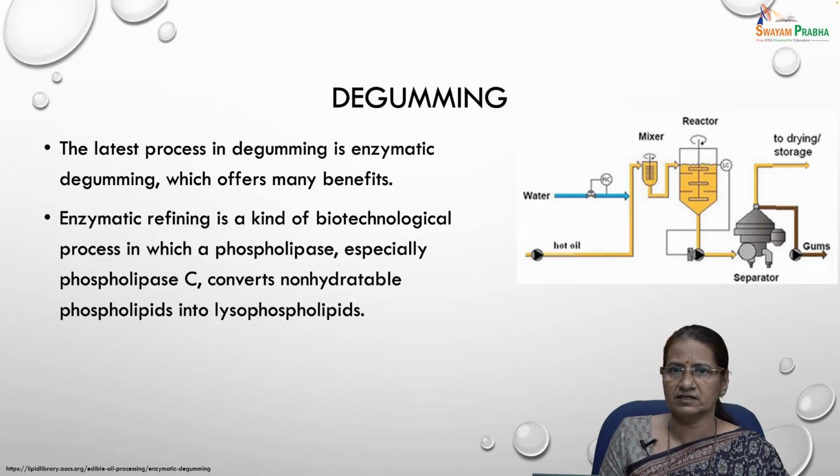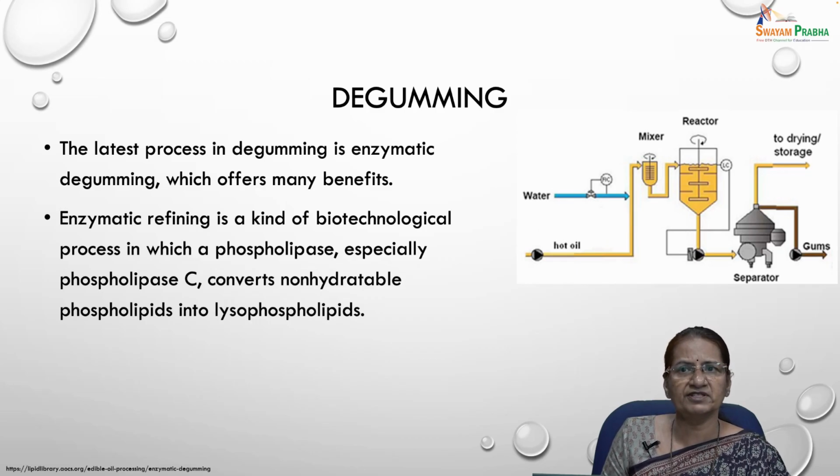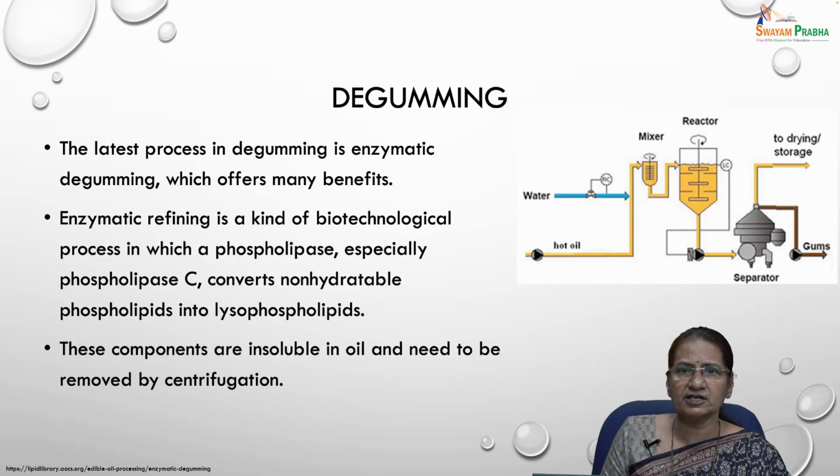Enzymatic refining is a kind of biotechnological process in which a phospholipase, especially phospholipase C, converts non-hydratable phospholipids into lysophospholipids. These components are insoluble in oil and need to be removed by centrifugation.